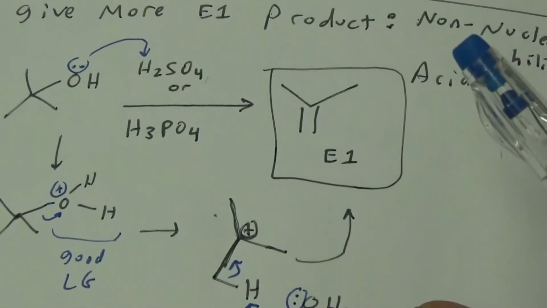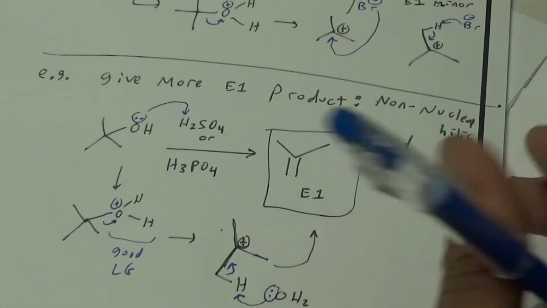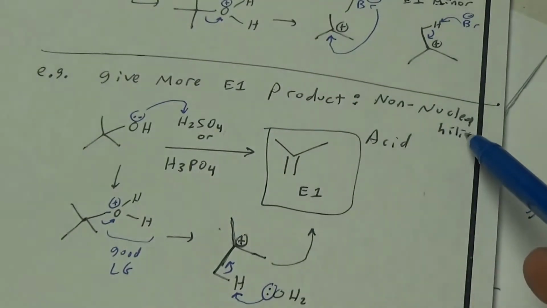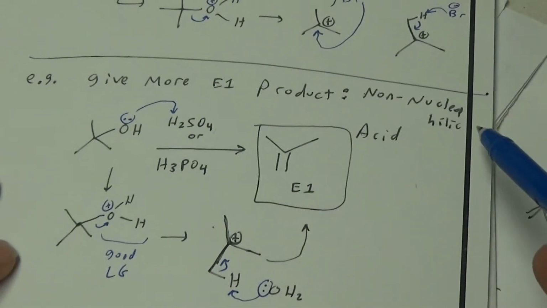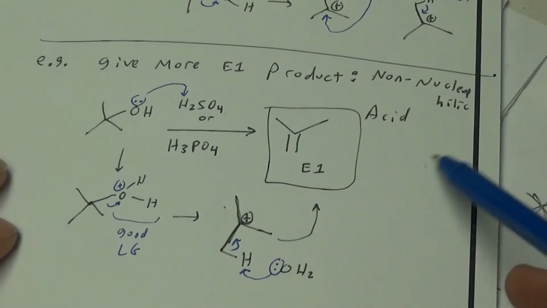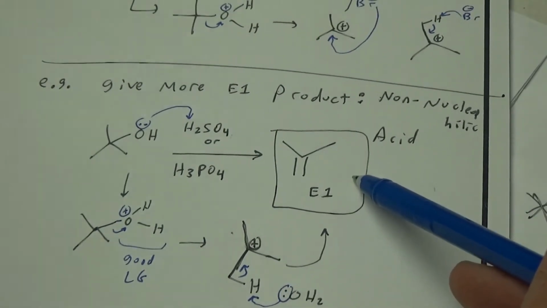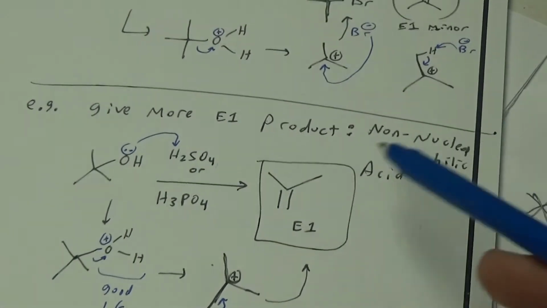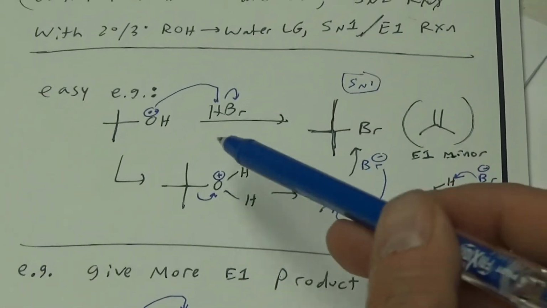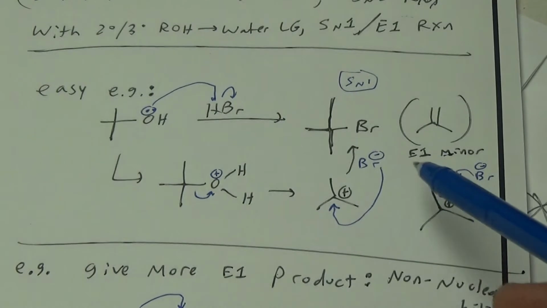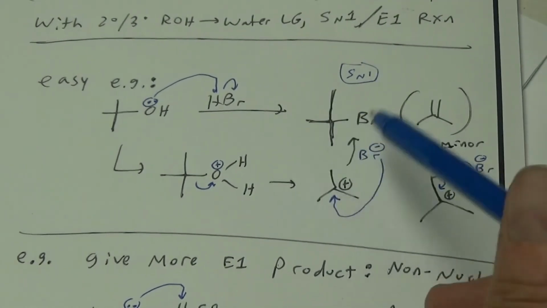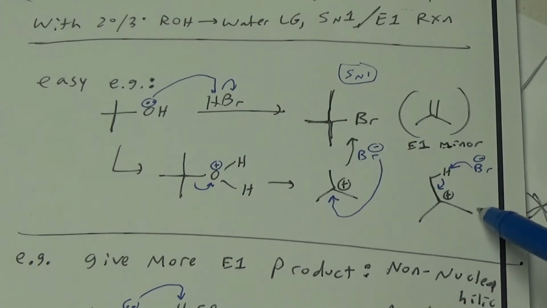Right, and then that forms the alkene product. Okay, so when we do this kind of stuff with a non-nucleophilic acid, you get an E1 reaction predominantly. But if you do this same kind of thing with a nucleophilic acid, you get a SN1 product as your major product, with maybe a little bit of E1 as a minor byproduct.